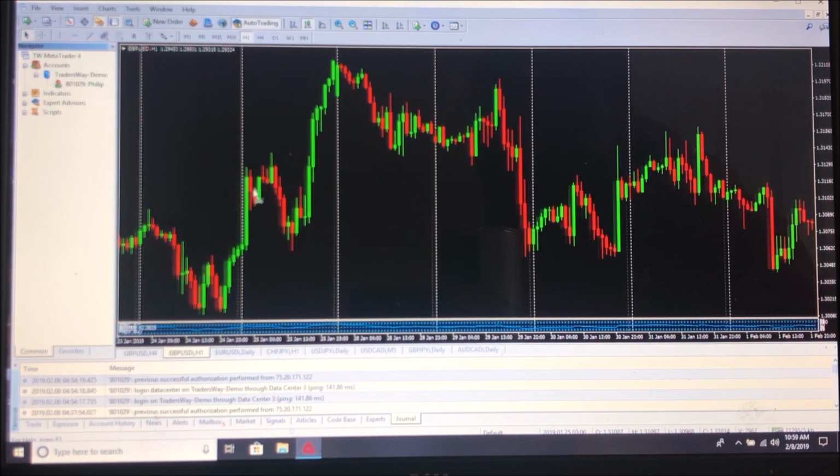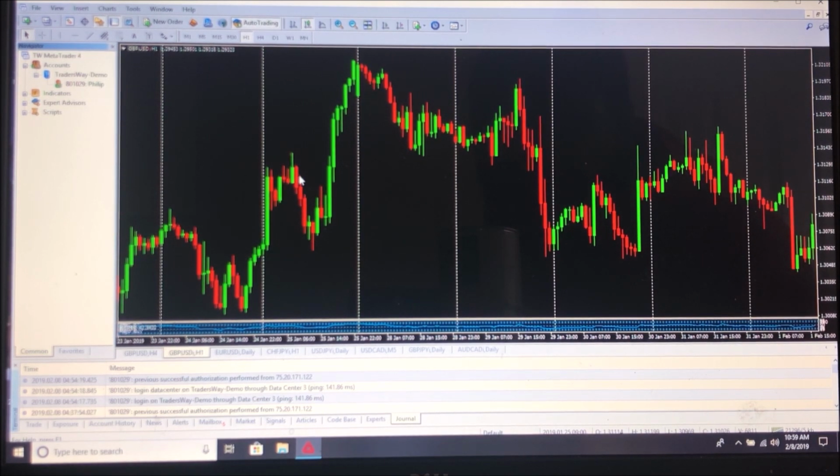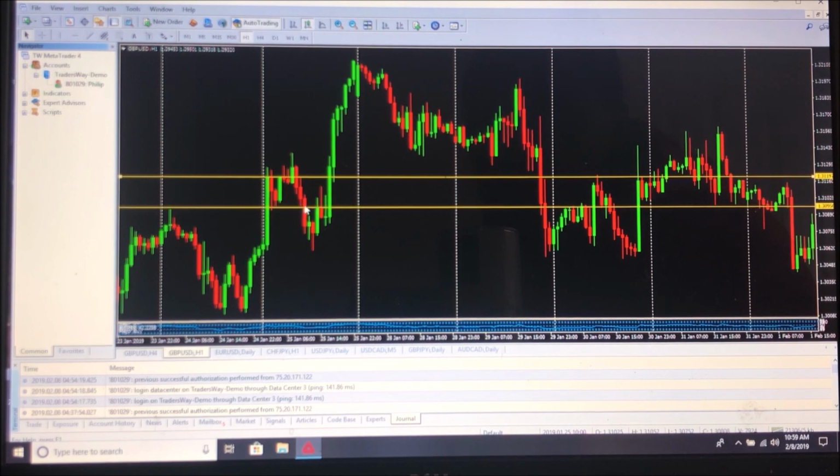All right. So you can see right here, the top of the wick, boom, is right there. The bottom of the wick, boom, right there. All right, so now that we got our top and bottom of the wick, you have your number.